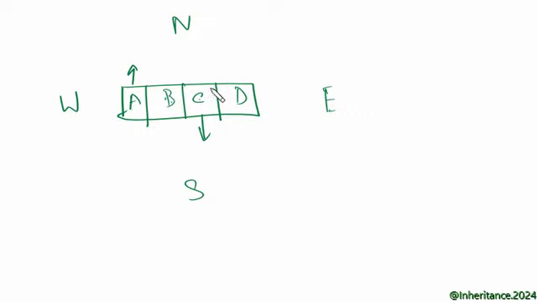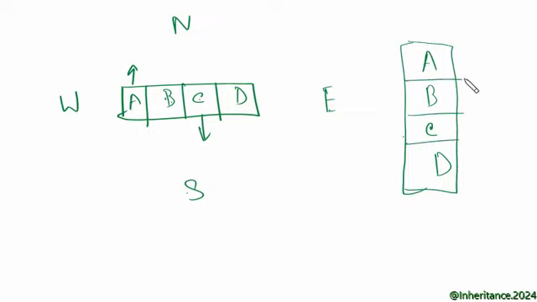Whenever we see any linear problem or linear sitting arrangement, we will be doing this: north and south. East and west are not needed when it is in a horizontal line. If it is a vertical line, then east and west are needed. Also you can change it to horizontal, and then you will have to take north and south.